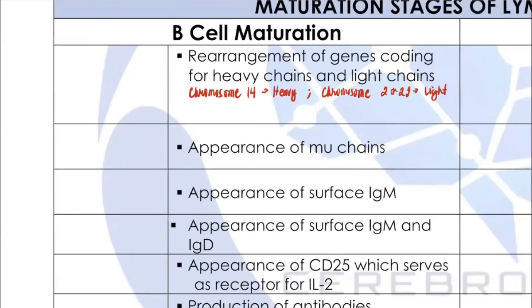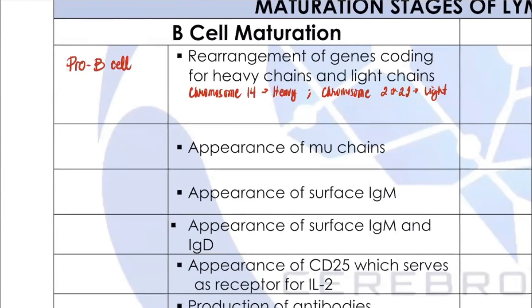light chains. So take note, in the first stage, which is the pro-B cell stage, hindi ka pa nagpo-produce ng heavy chains and light chains. You are just rearranging the genes that will code for them later. Okay, so take note, what are the distinctive markers of pro-B cell?